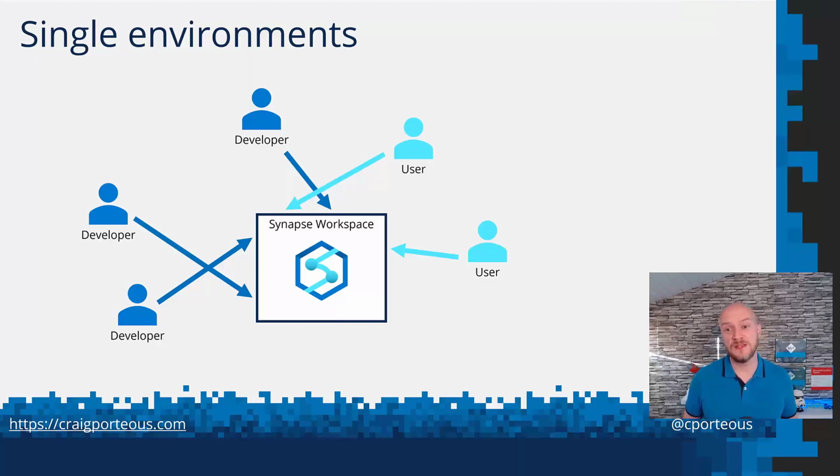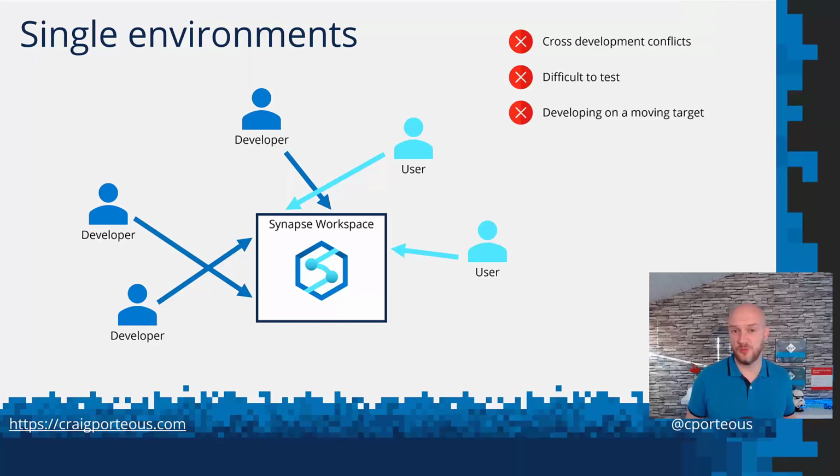You've got a high risk of clashes between developers making changes to code, pipelines, data sets that might be getting used by other people. So there are some risks with that. You've got, as I mentioned, the cross-development conflicts. It's difficult to test, and potentially it's a moving target if users are consuming the data at the same time.